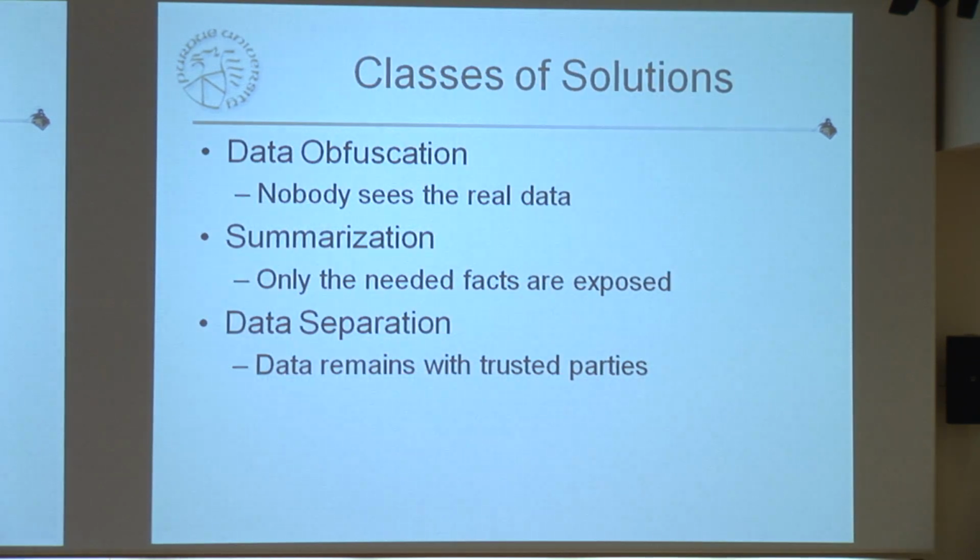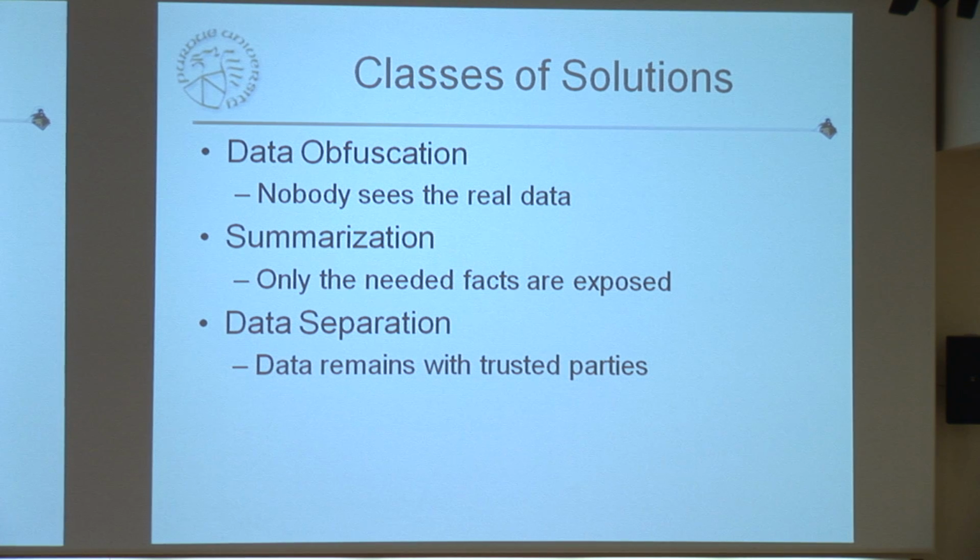Okay, so some of the classes of solutions: data obfuscation, summarization, and data separation. The idea behind data obfuscation is the people doing the machine learning don't see the real data. They see some noisy variant of the data, and you still learn from it. So this protects privacy because you're not seeing the actual data about individuals.